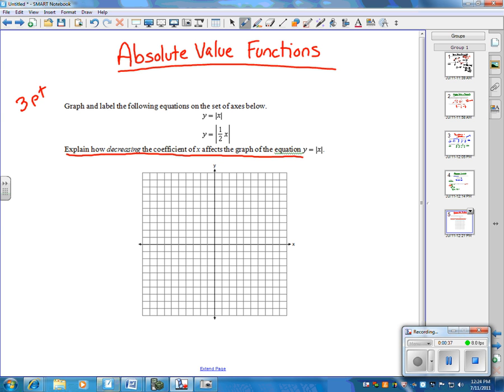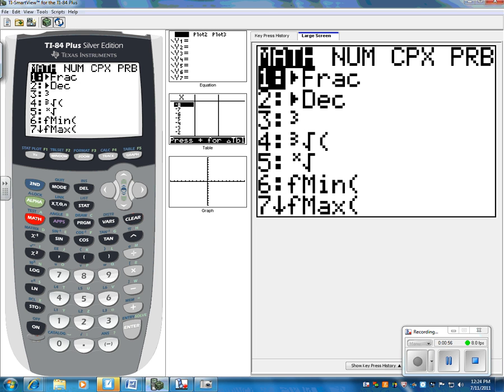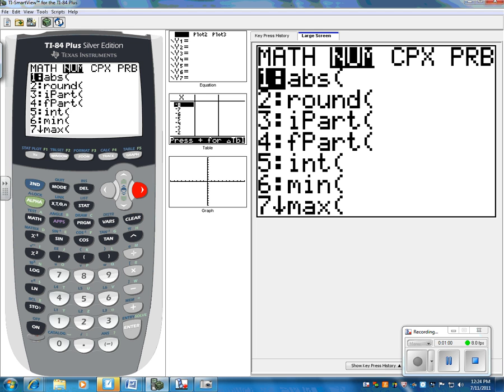And they have the absolute value function. So the first thing we're going to do, I'm going to get the graphing calculator up, and we're going to show you how to graph an absolute value function on the graphing calculator. The first one was the absolute value of x. So if you hit your math key and scroll over to number, you're going to see the first option is ABS.